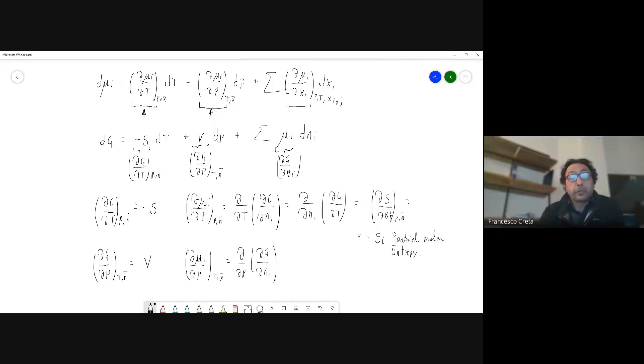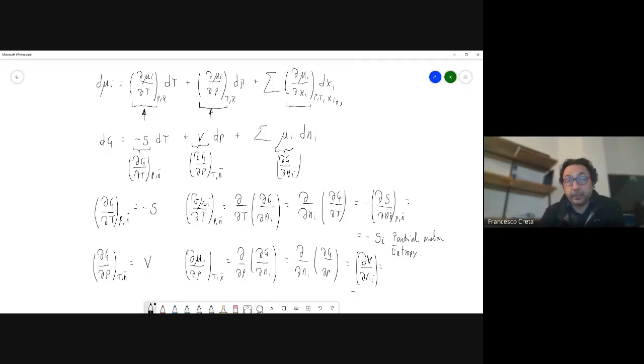We switch the order of differentiation, and we have dg by dp, which we said is equal to the volume. And so this is essentially dv by dni, at constant and so on.